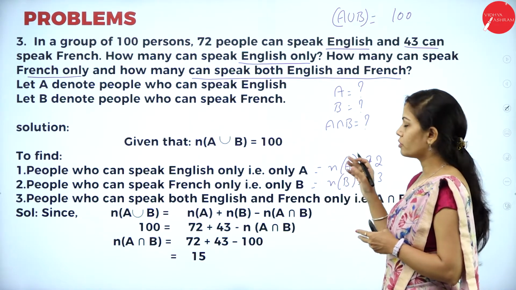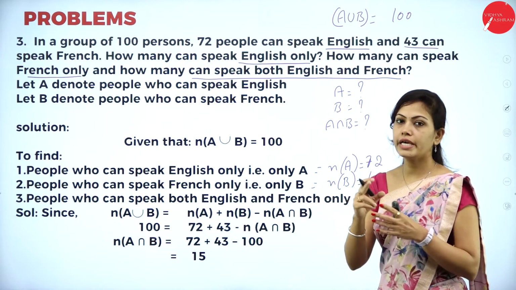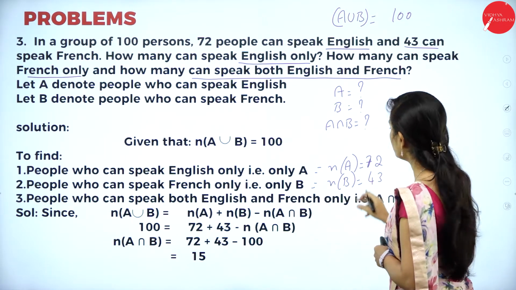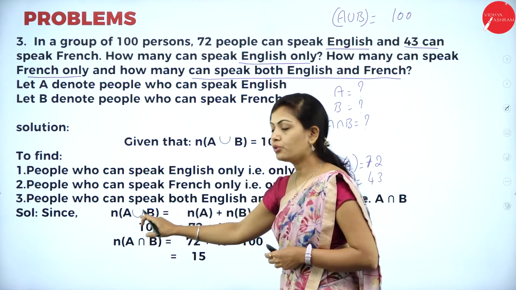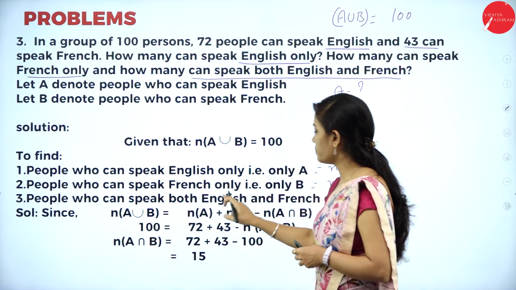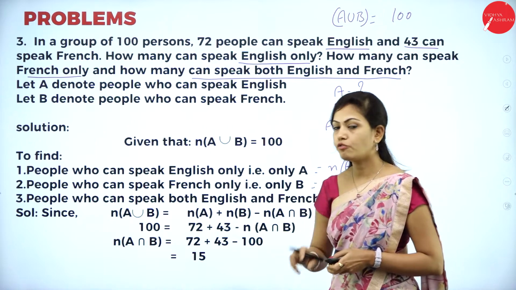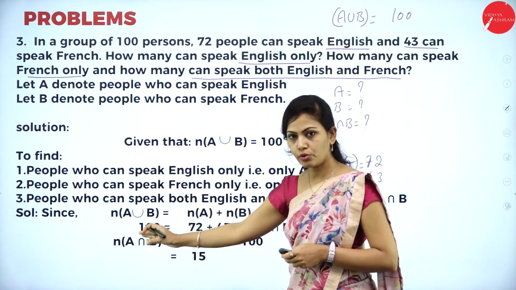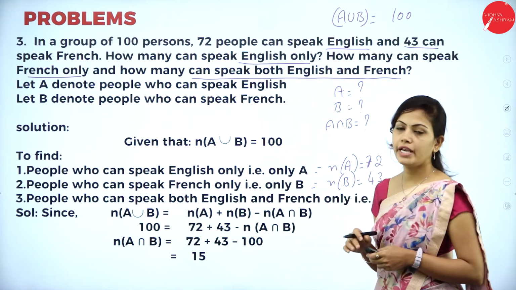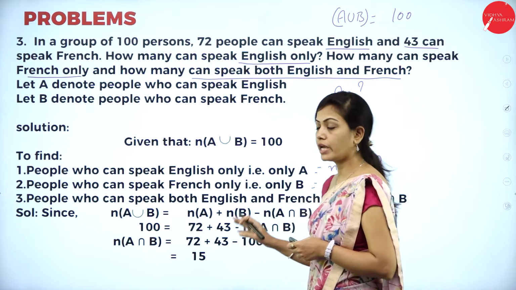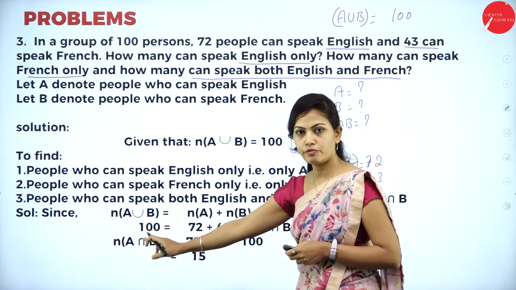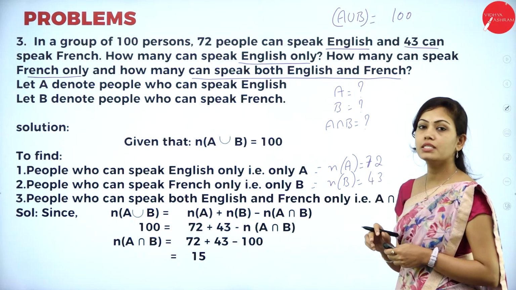You need to find these three. So first write the formula. I have already explained it in my previous session. N of A union B is equal to N of A plus N of B minus N of A intersection B. This is the formula for finding N of A union B or N of A intersection B also. You can use this formula for both.